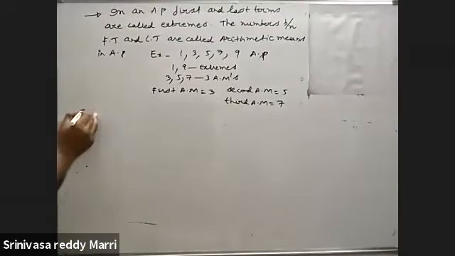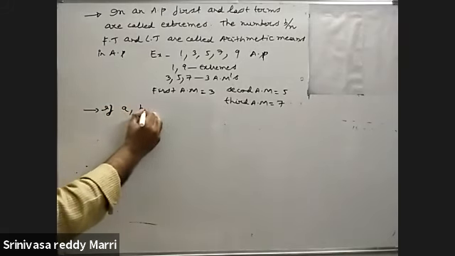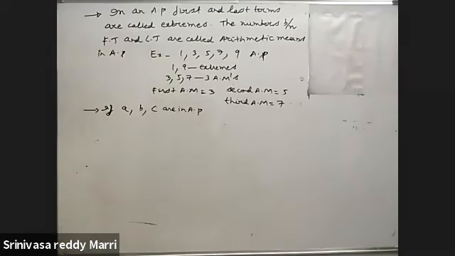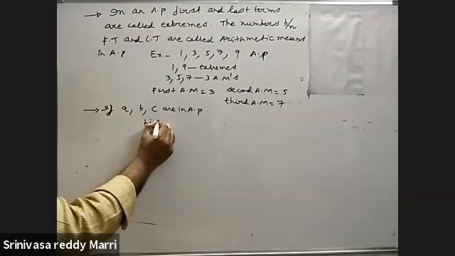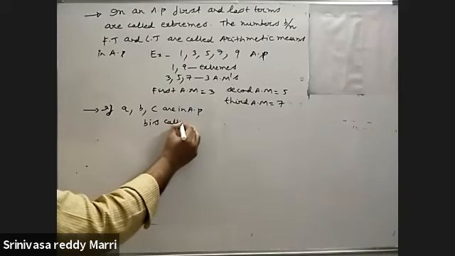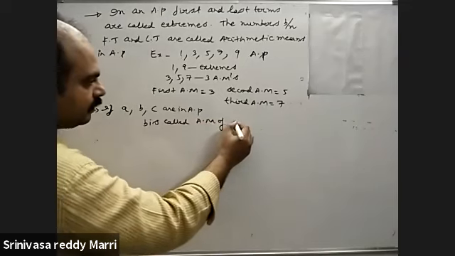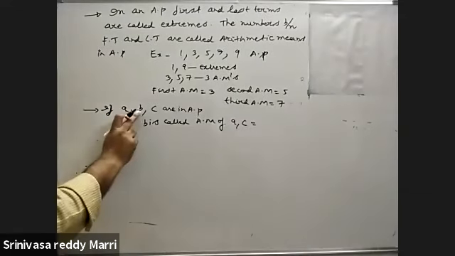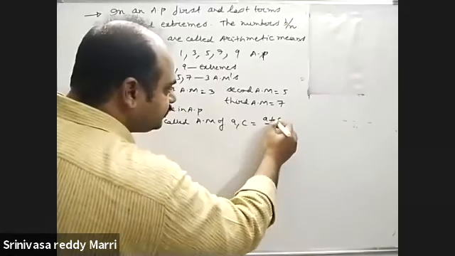Look, suppose A, B, C are in AP. If A, B, C are in AP, A and C are called extremes. Only 1 AM is there, a single AM of A comma C. B is called the arithmetic mean between A and C. This is nothing but (A plus C) by 2.